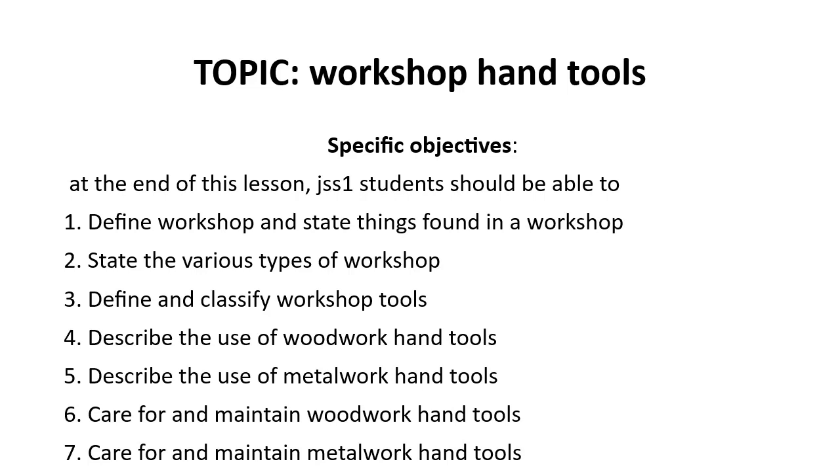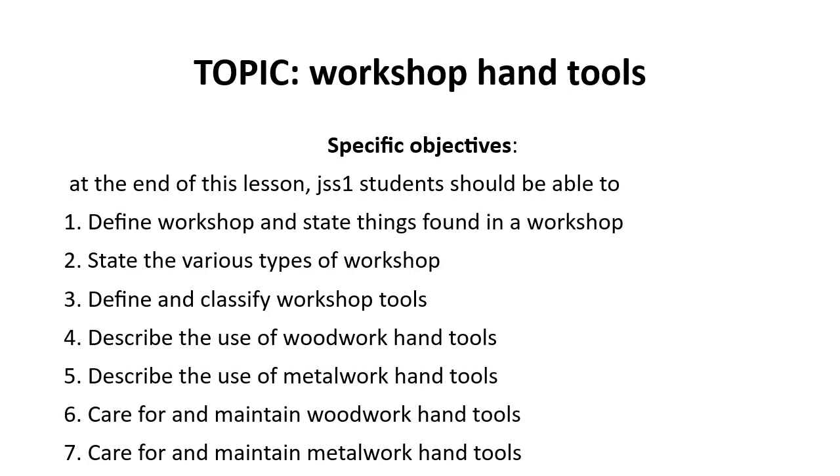State the various types of workshop. 3. Define and classify workshop tools. 4. Describe the use of workshop hand tools. 5. Describe the use of metal work hand tools. 6. Care for and maintain workshop hand tools. 7. Care for and maintain metal work hand tools.